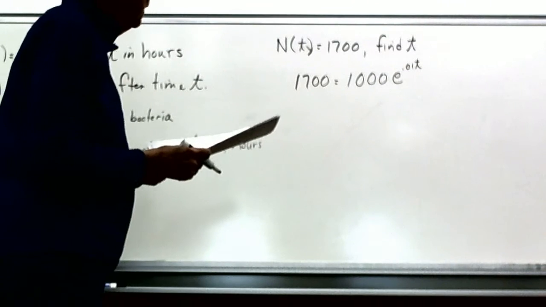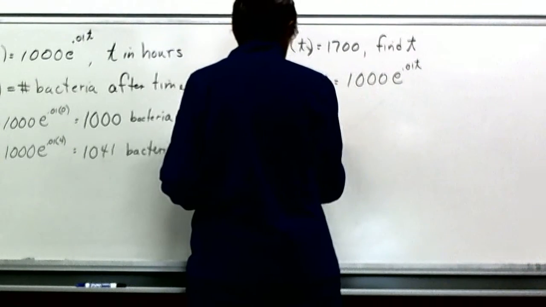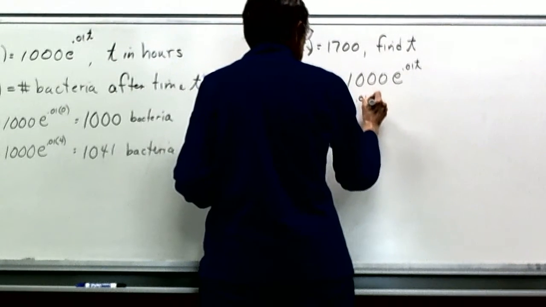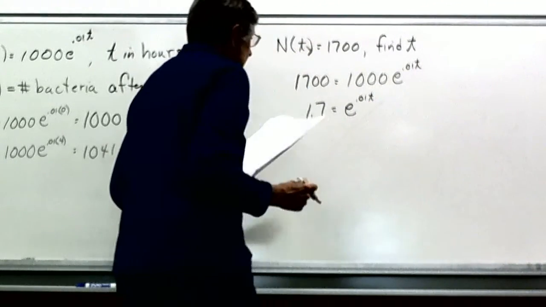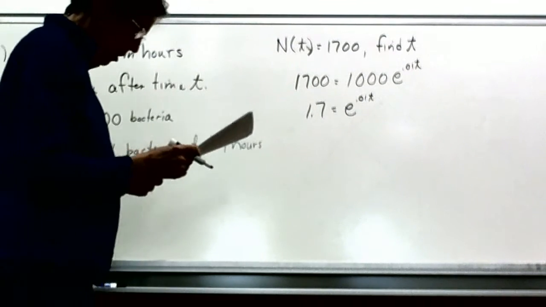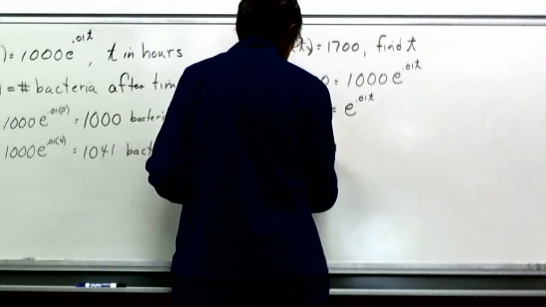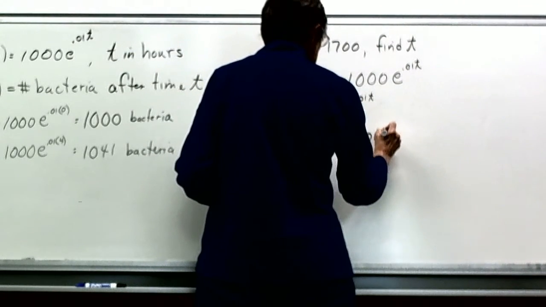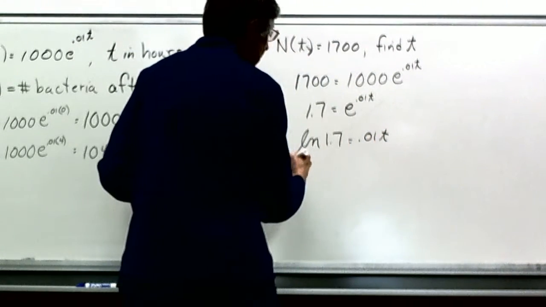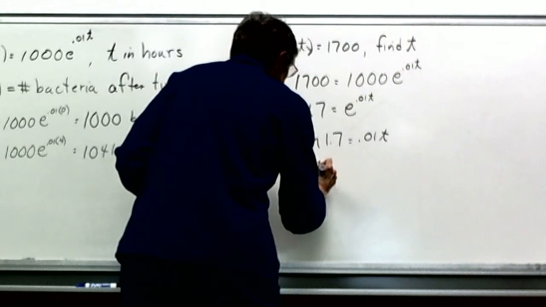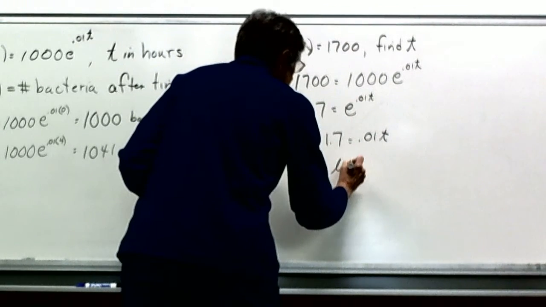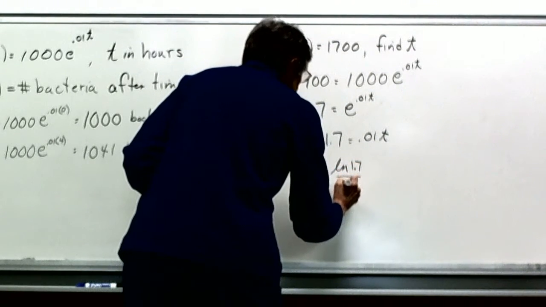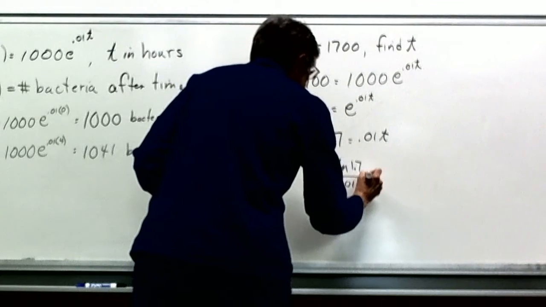Divide both sides by 1,000. We'll have 1.7 equal to e to the 0.01 t. We can change that to natural log form. So the natural log of 1.7 is equal to 0.01 t. Dividing by 0.01, t will be equal to the natural log of 1.7 divided by 0.01.